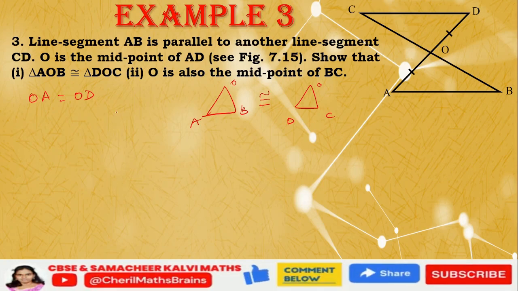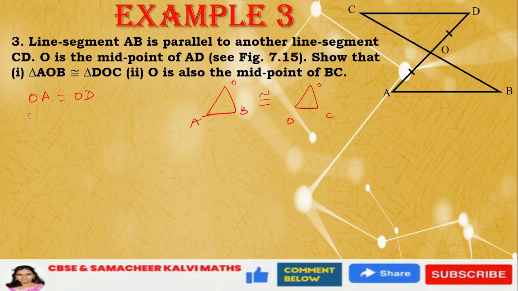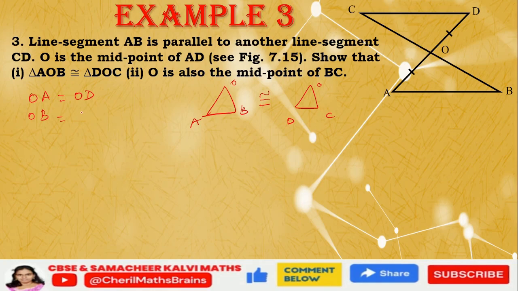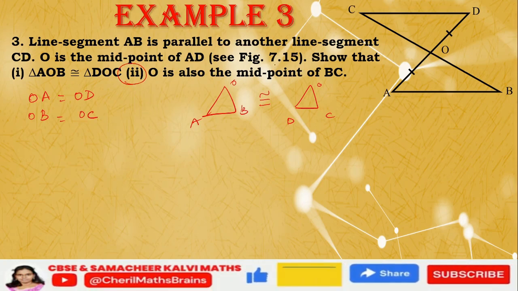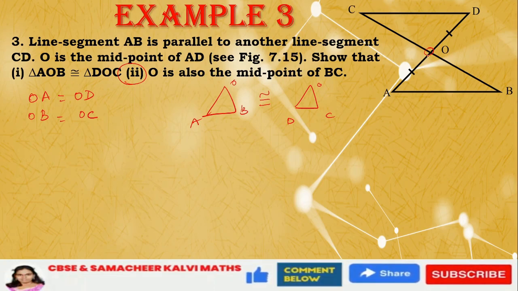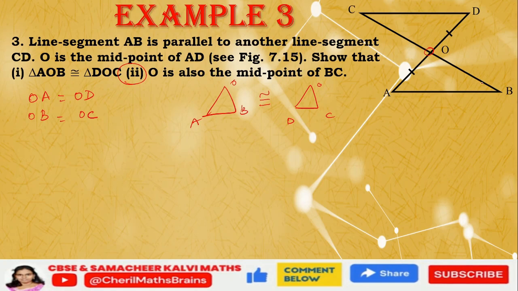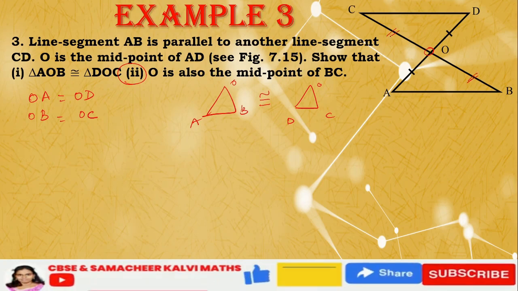So what is our next question? O is the midpoint of BC. If it is the midpoint of BC, then OB should be equal to OC.